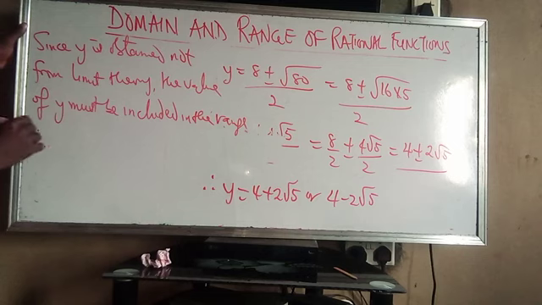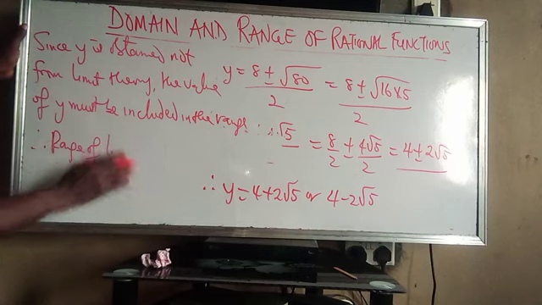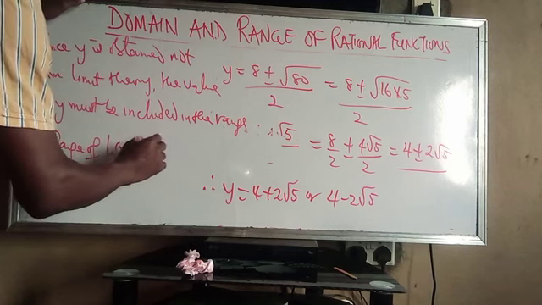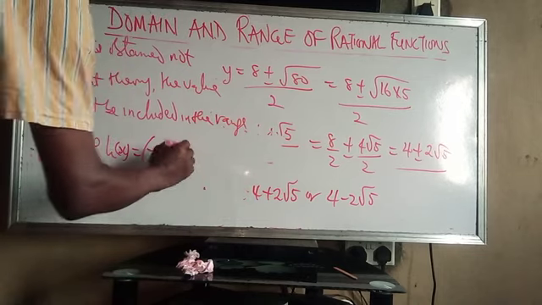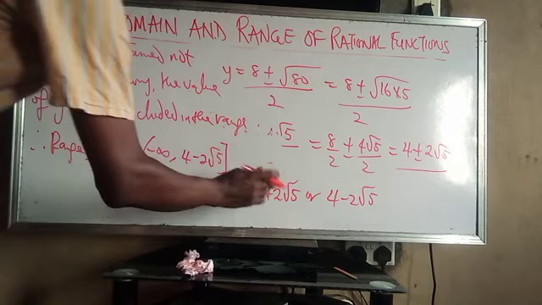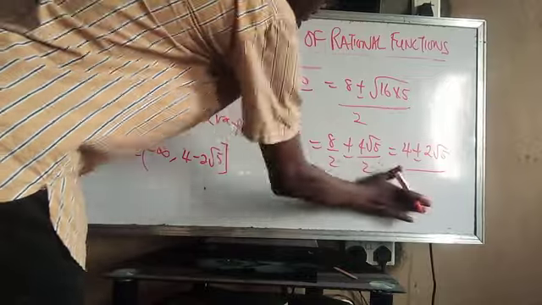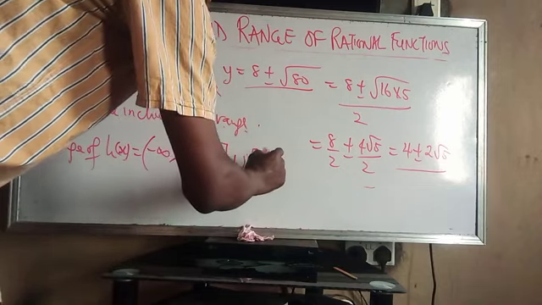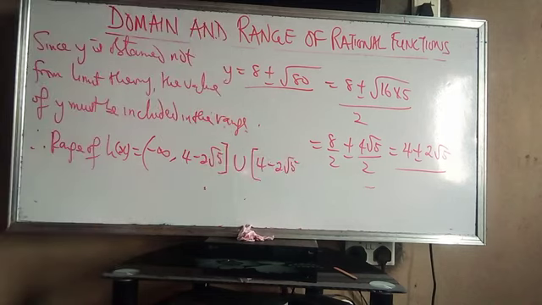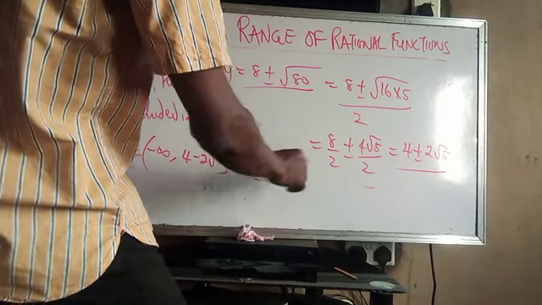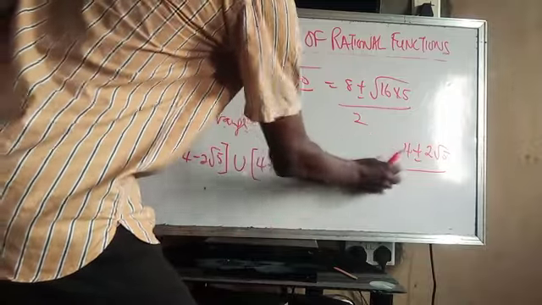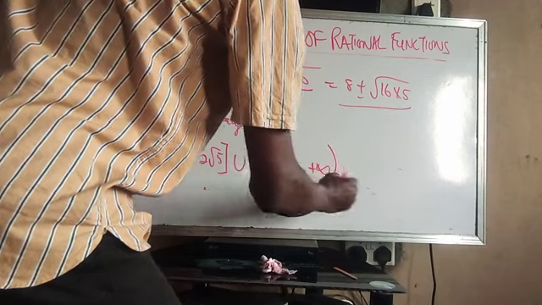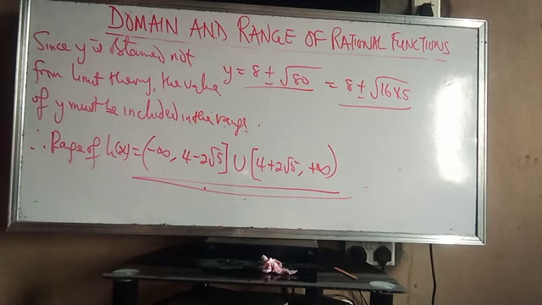Therefore, the range of h of x will be minus infinity, comma, 4 minus 2 root 5, closed, because it's not obtained through limiting values, union 4 plus 2 root 5, closed, to plus infinity. That is the value of the range.